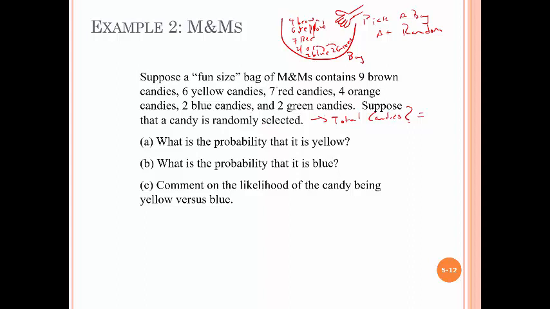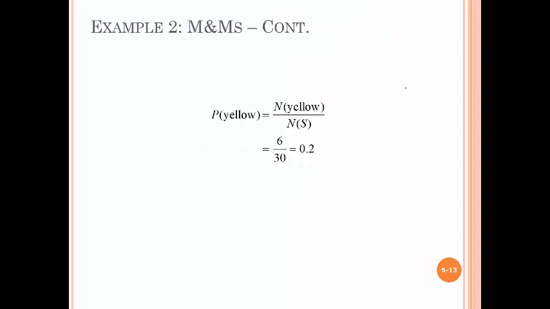If you take 9 plus 6 plus 7 plus 4 plus 2 plus 2, you end up getting 30 candies. So when you reach into the fun size bag, there's 30 possible outcomes. What's the probability it's yellow? It's the number of yellow divided by the total number of outcomes: 6 out of 30, which reduces to 0.2.